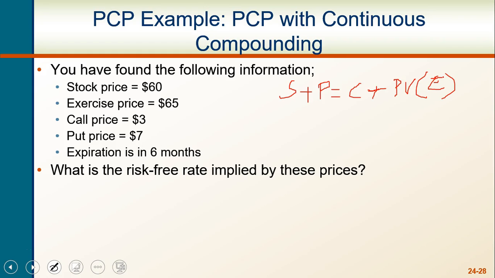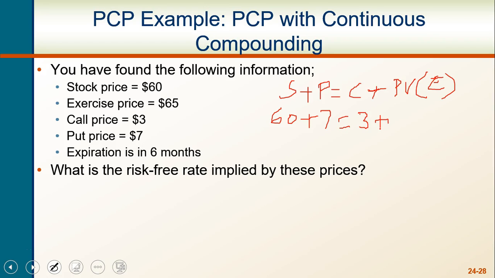So let's just fill in the numbers and see. Stock price 60 plus the put value 7 is equal to the call value 3 plus we have to write the present value of the exercise price using continuous discounting.